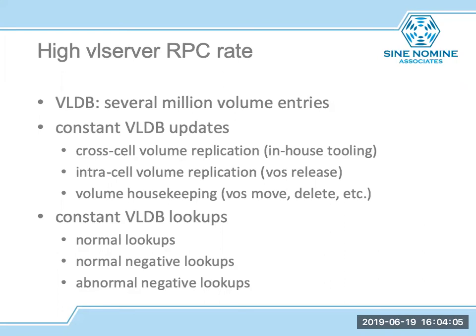They're using a mount point that's obsolete, or the volume name is spelled wrong in the mount point. That can happen. Or the mount point was created pointing to a different cell that is offline right now. All kinds of things where the lookup that's generated to the VL server, that volume does not exist, but it's going to look it up anyway. And that generates quite a bit of load that's out of proportion to what's actually being done.